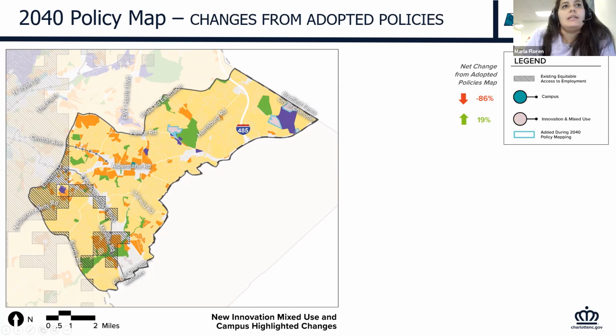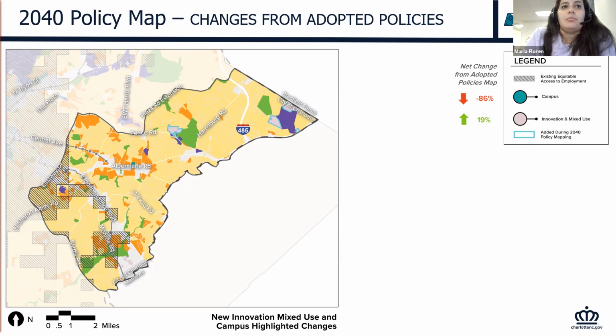So the campus and the campus and innovation mixed use place types are two place types that can help provide more employment opportunities within close proximity to neighborhoods. Here you can see the teal and the light pink, where those areas were mapped. In some areas, these place types were already mapped based on adopted policies.